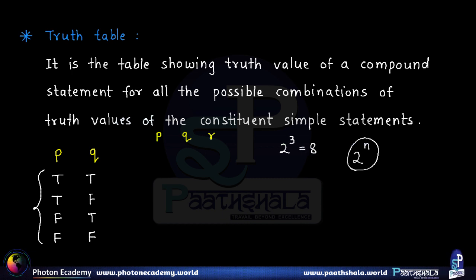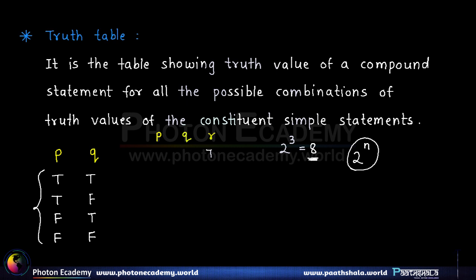Here is a quick way to write all of them without really mugging them up. Since we want to write 8 possibilities, we need 8 rows. We start with the rightmost column, that is the third statement, and write T and F alternately for 8 times, because we have already found that we need 8 rows.